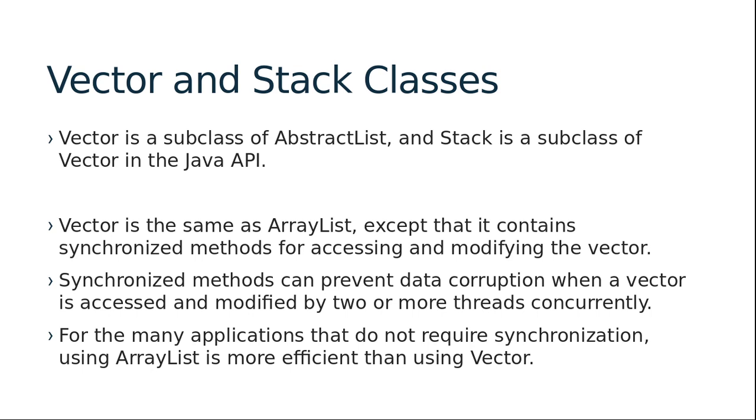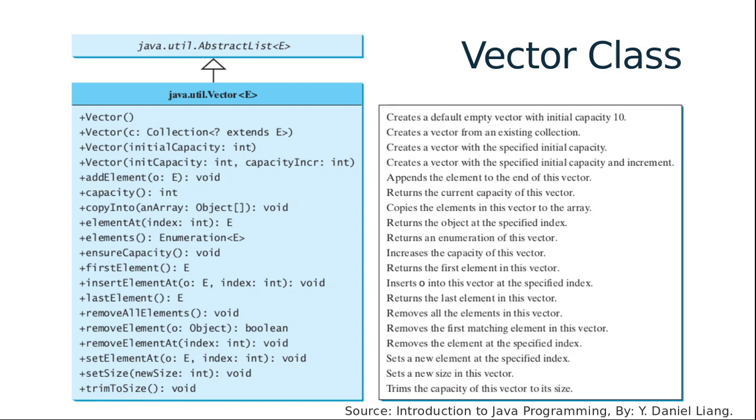Synchronized methods will help you in preventing data corruption when vector is accessed or modified through one or more threads concurrently. Now, if there is no need for multiple threads or synchronization, then it is better to go for array list always.